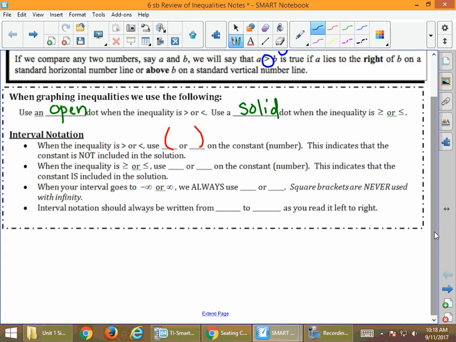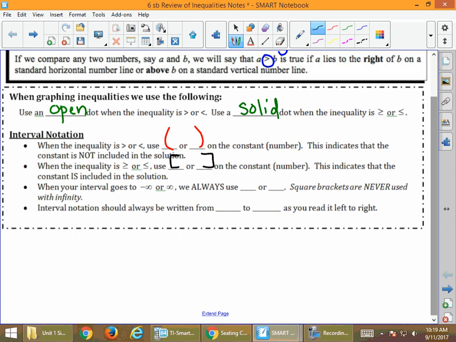When the inequality is a greater than or equal to or less than or equal to, we use what are called square brackets. And when we see square brackets with interval notation, that means that the number is included in the solution.